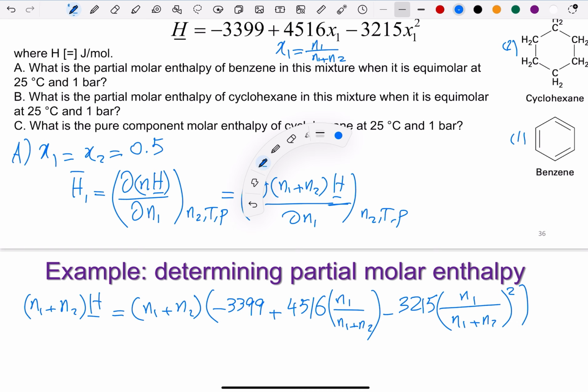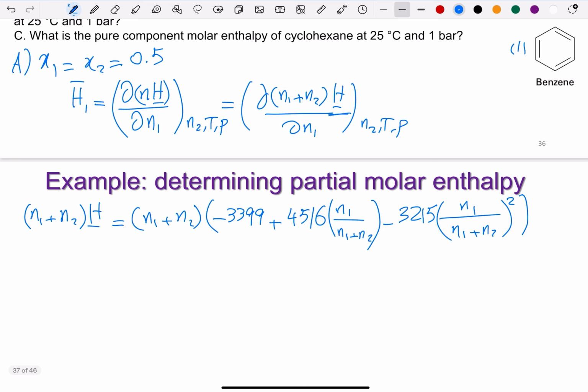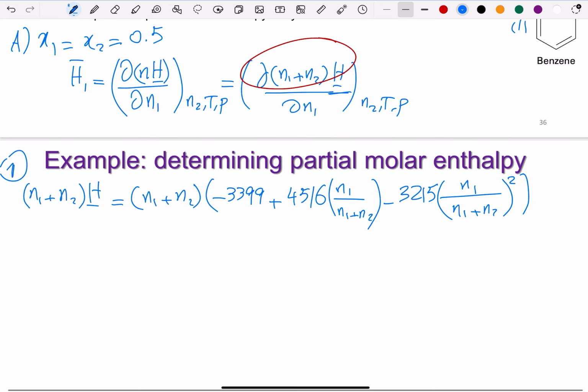So once you build this extensive property, in step 1, I'm going to build this extensive property because I need it here to calculate the derivative. And the second step is just to calculate that derivative, right? So H1, I'm going to just rewrite this.